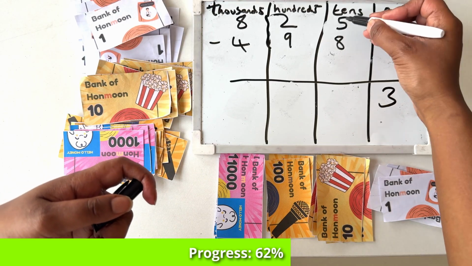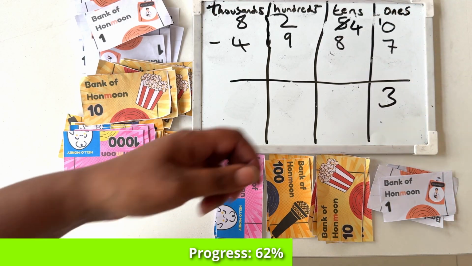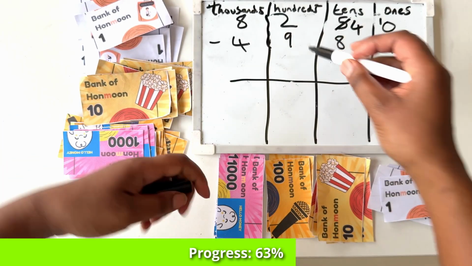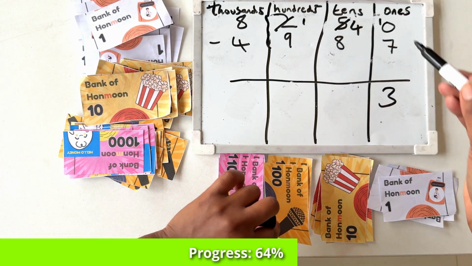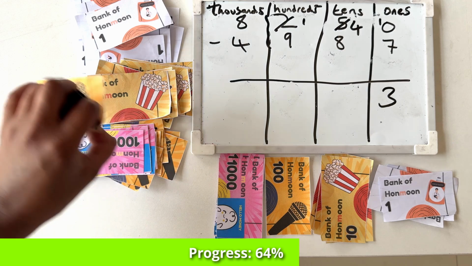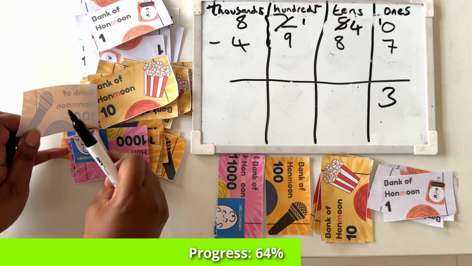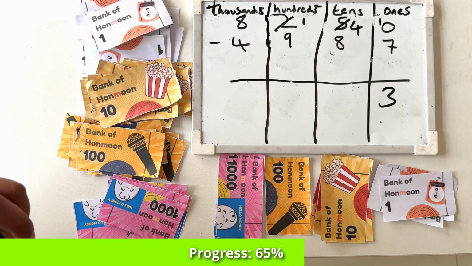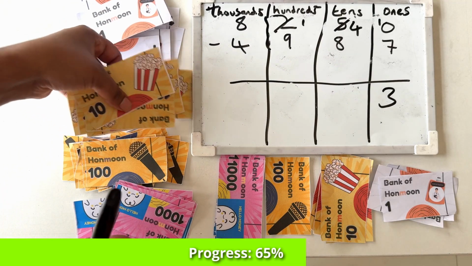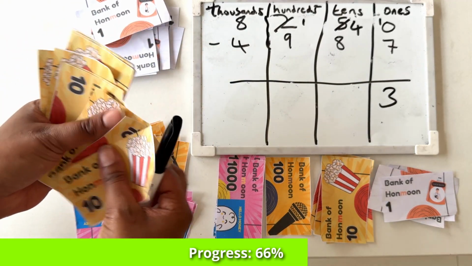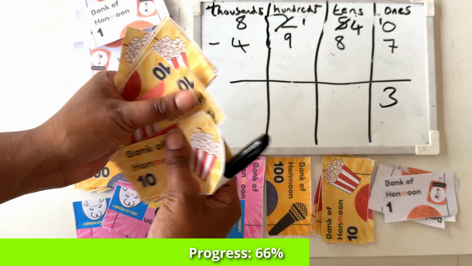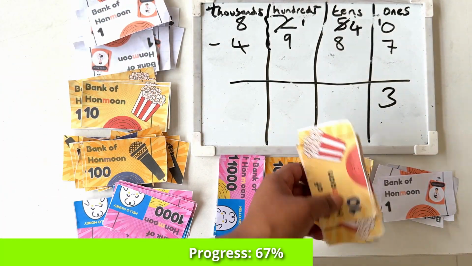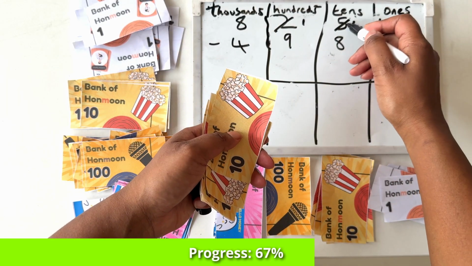So we did that. Now we have 4 minus 8, we can't do, so we need to take 1 out of the 100s place. Let's swap it for 10 tens, which leaves us with 14.